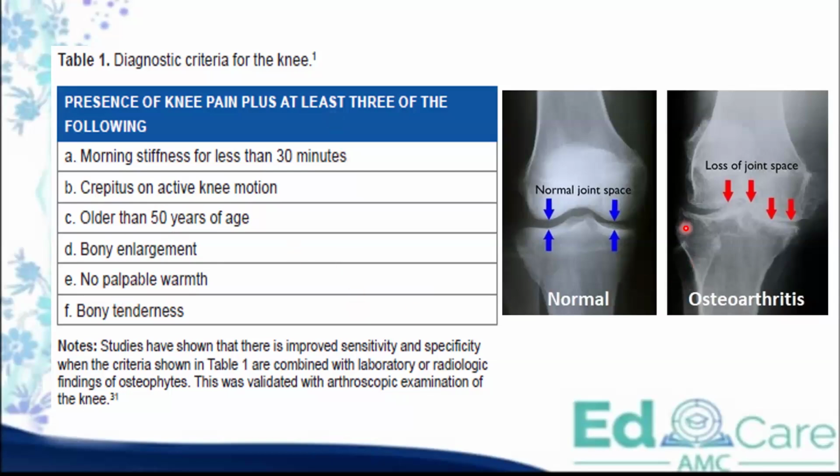There are certain x-ray features of osteoarthritis you need to know to be able to answer their questions. So we'll do it with the mnemonics as well. Like you see in this, as compared to the normal joint space, the joint space is lost, right? So there's loss of joint space.